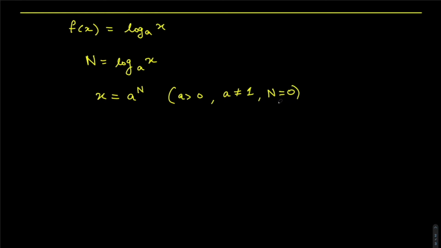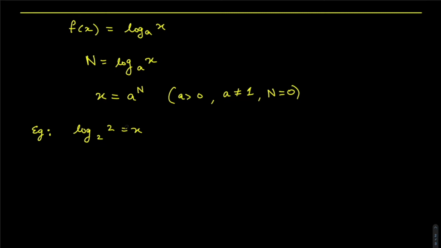Let's take another example now. I'm going to work with a lot of examples, so you get an idea of how you're able to relate the log function and the exponent function between themselves. So we have log base 2 of 2 is equal to x.